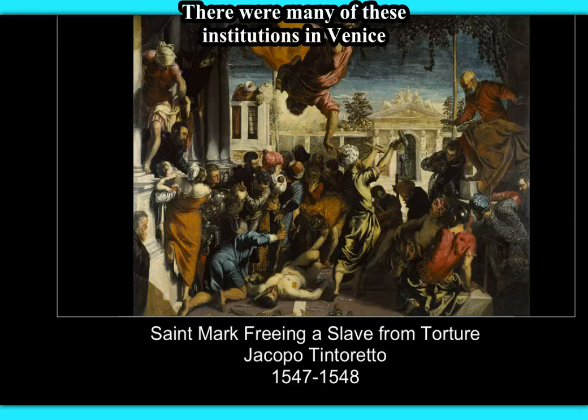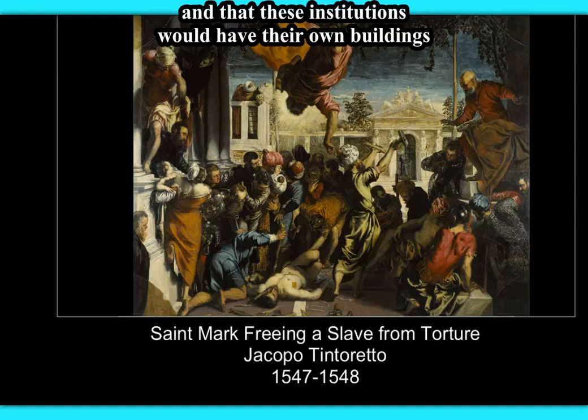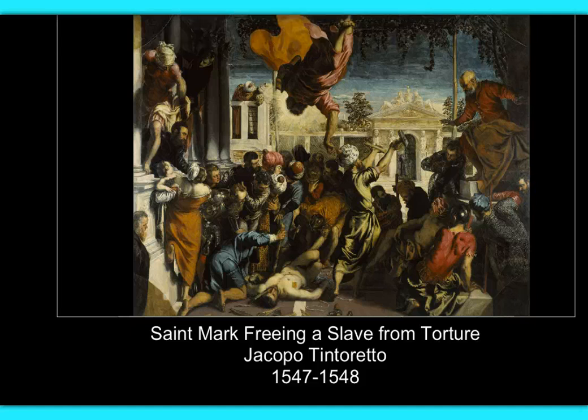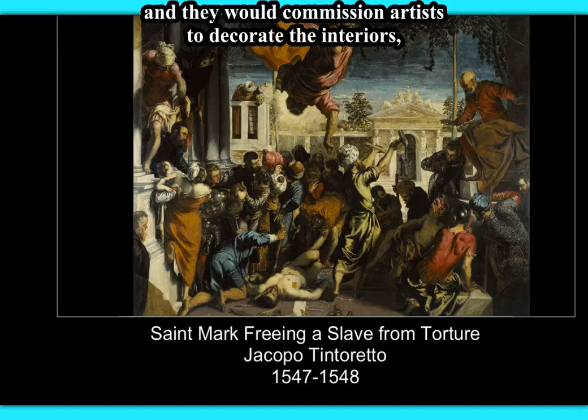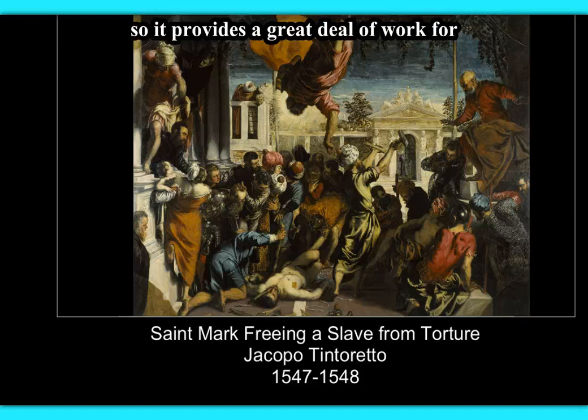There were many of these institutions in Venice, and they would have their own buildings and commission artists to decorate the interiors. So it provides a great deal of work for Venetian artists and architects.